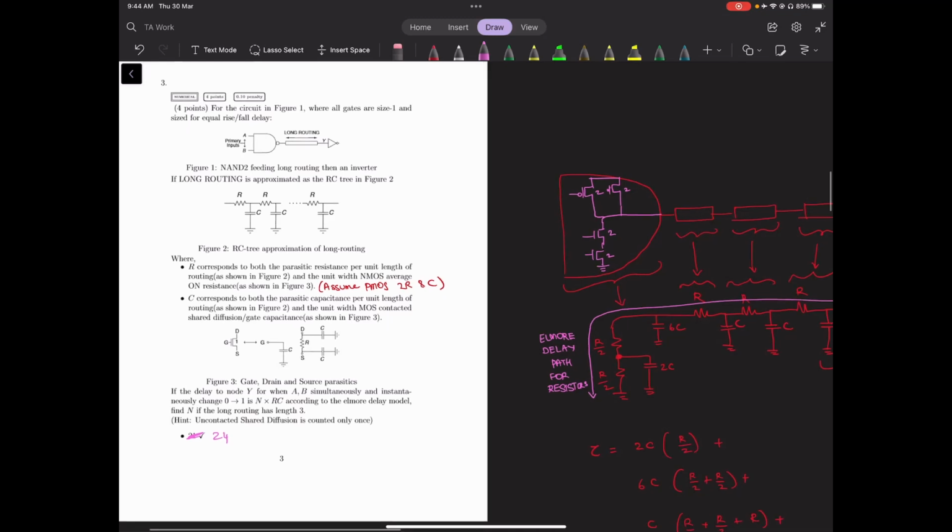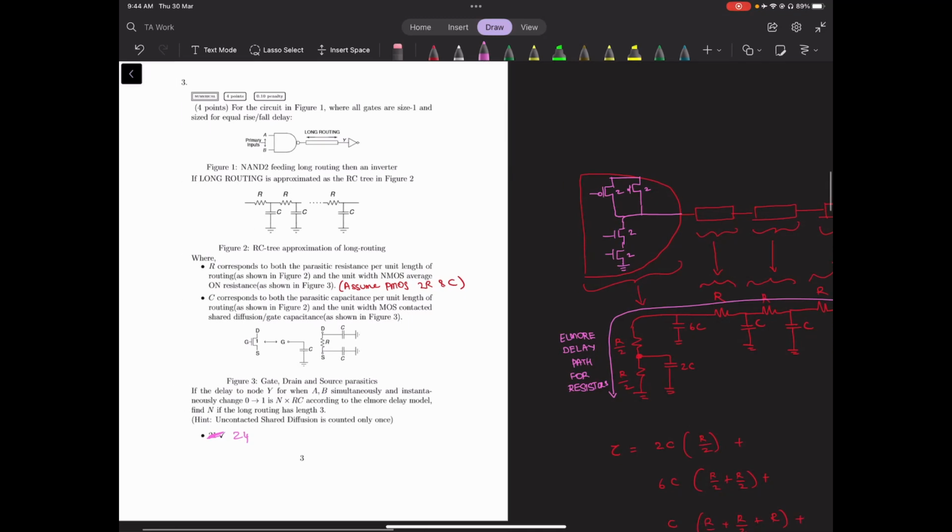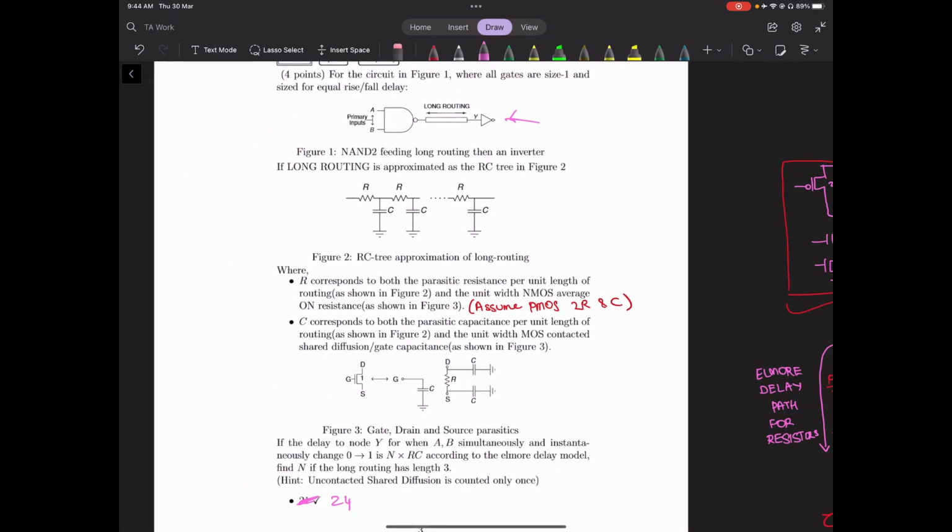In question 3, we are given the following circuit. That is just a NAND 2 gate driving a long parasitic routing and then an inverter at the end. We are asked to approximate that the parasitic routing looks like chains of this RC tree structure, where each tree is for unit length, and the long routing has length 3 units.